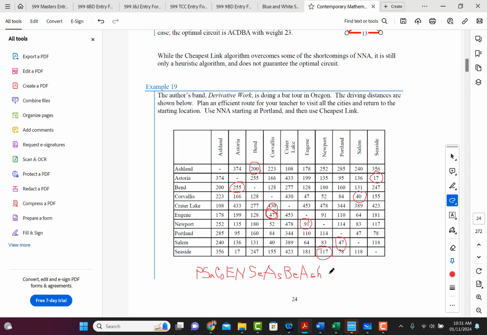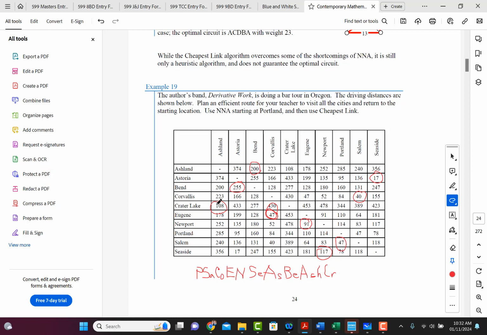Okay, and then finally, from Ashland, we're going to Crater Lake, which is our last stop.